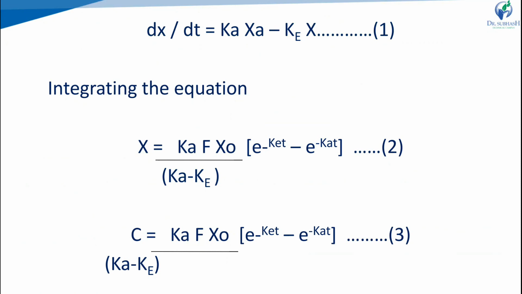On integration of that equation, it becomes X = KaFX0/(Ka - Ke) [e^(-Ket) - e^(-Kat)]. Since the amount of drug in the body is difficult to measure, we convert using X = Vd × C. Transforming into concentration terms, the equation becomes C = KaFX0/(Vd(Ka - Ke)) [e^(-Ket) - e^(-Kat)].